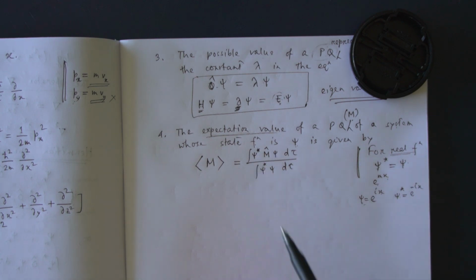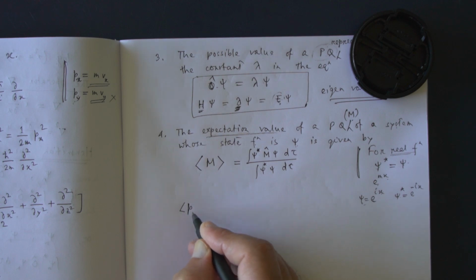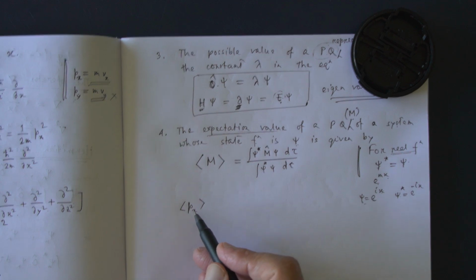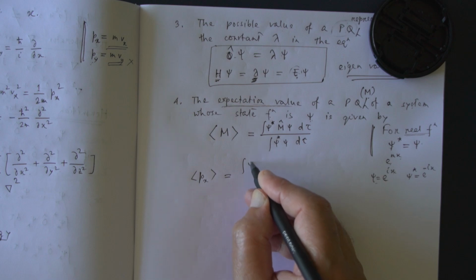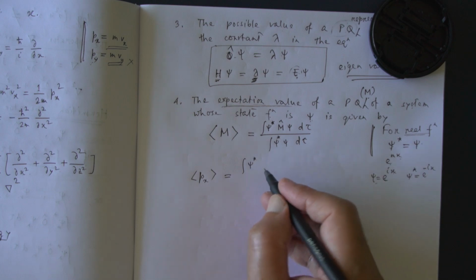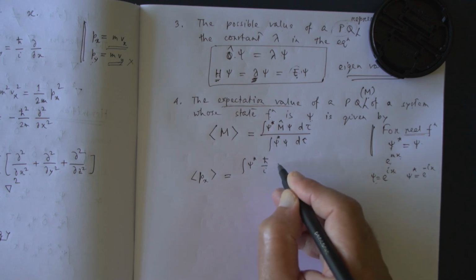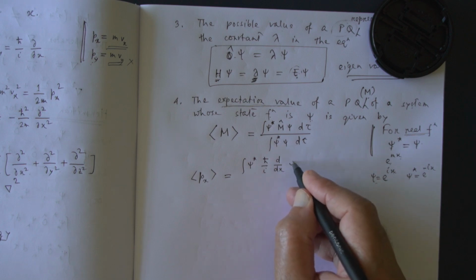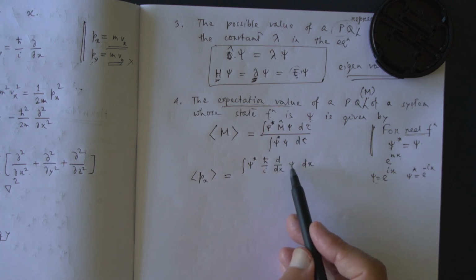Okay, so average value of a physical quantity. Suppose the average value of momentum in x dimension. How do we write it? Psi star, momentum. What is the operator for momentum? H bar by i d by dx, I am taking only the x dimension, acting on psi, and this is dx.